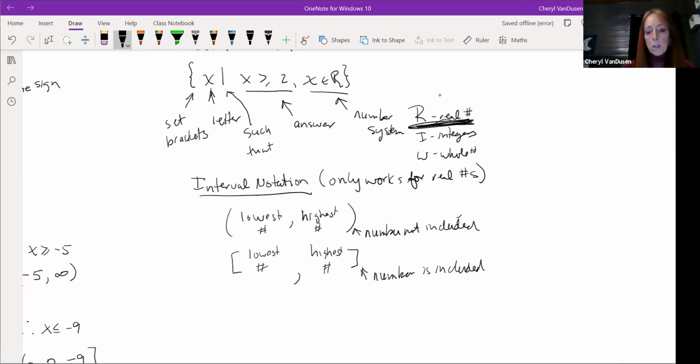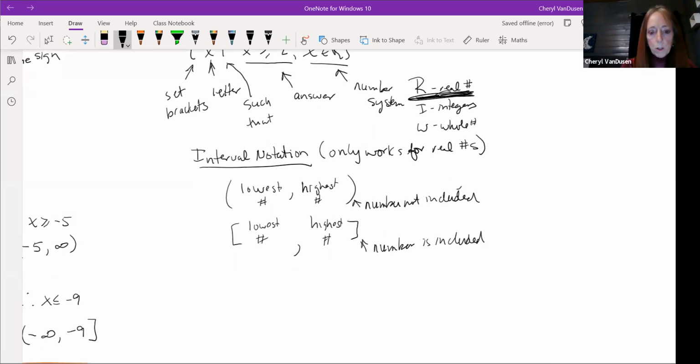So for example, x is greater than or equal to 2, we'd start at 2, make a comma, then infinity. Now, infinity, we always use a round bracket because we don't really know what infinity is. It's not really a defined number we can touch. So we always use a round bracket.